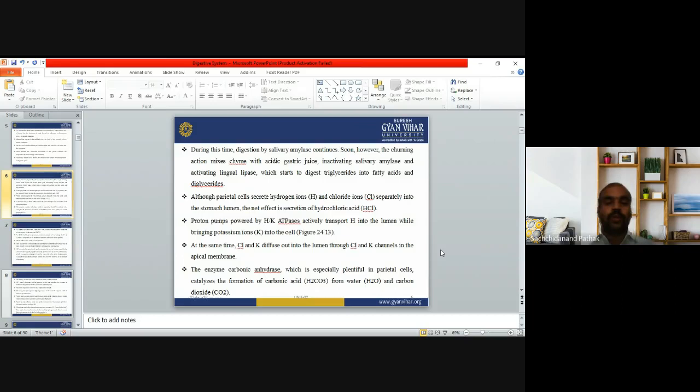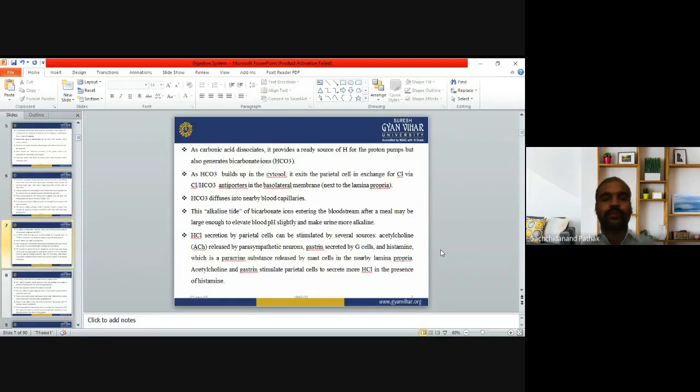So from water and carbon dioxide, carbonic acid, H2CO3, will form, due to the carbonic anhydrase enzyme.